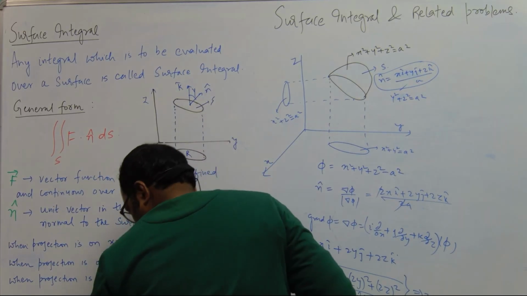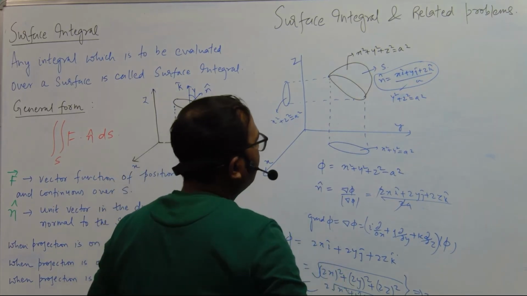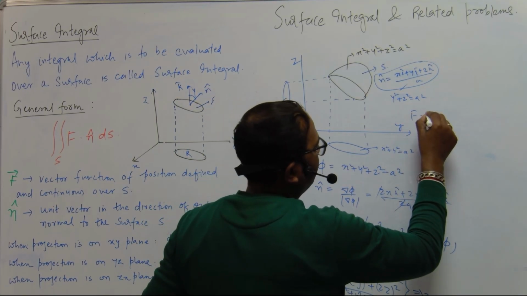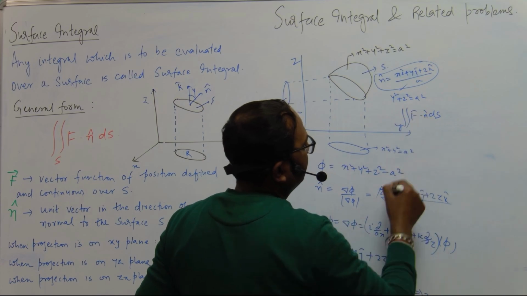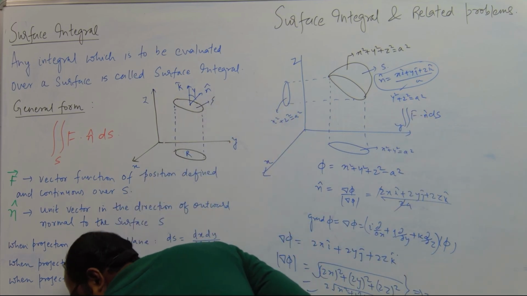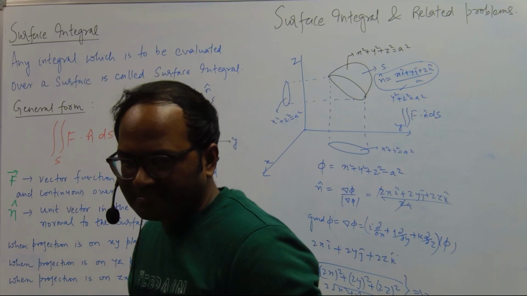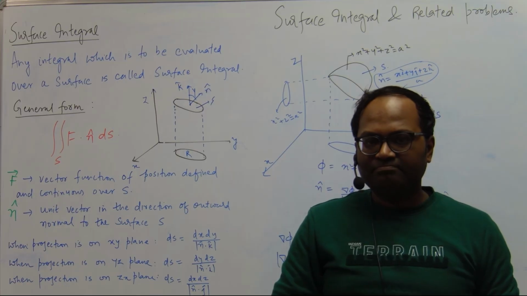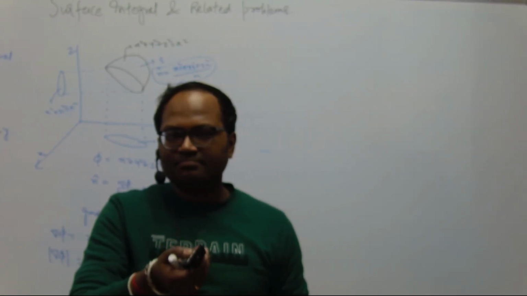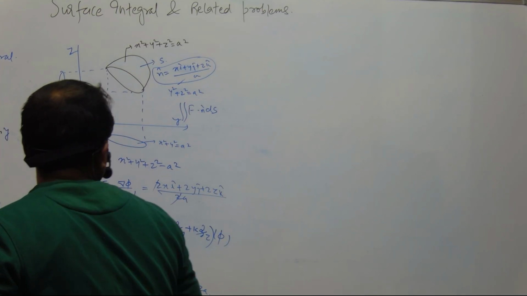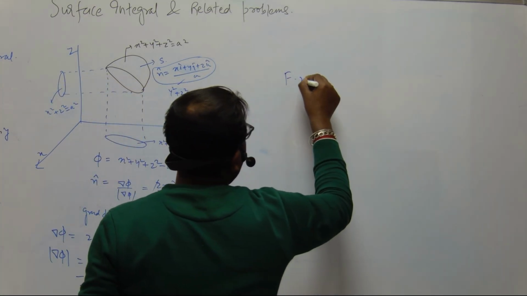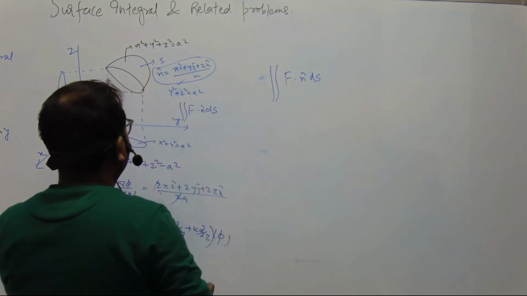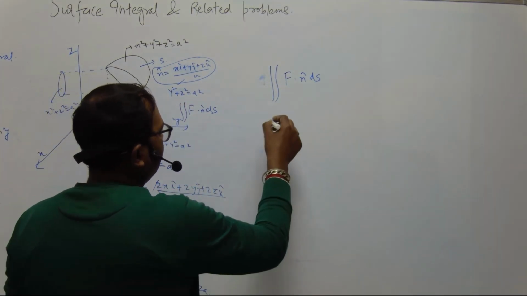Let us evaluate the value of the surface integral. So we have the double integral of F dot n cap ds. Let us take the projection along the xy plane.